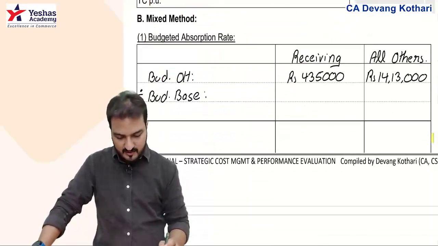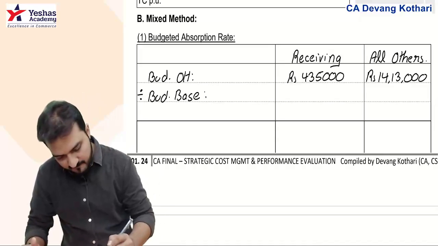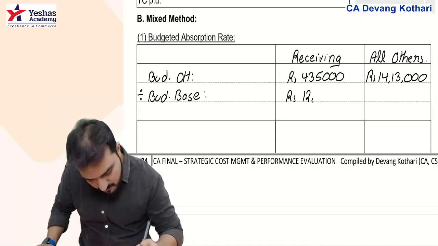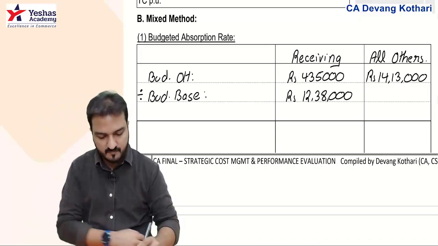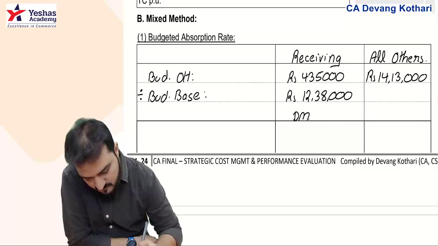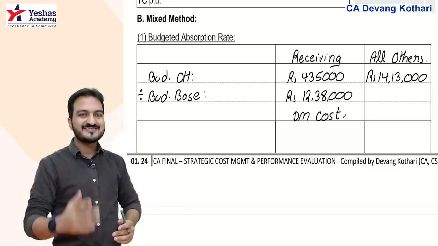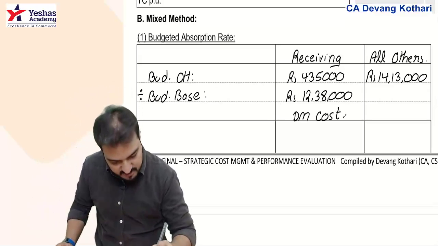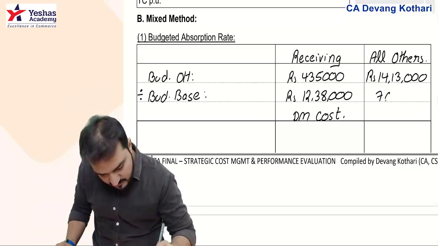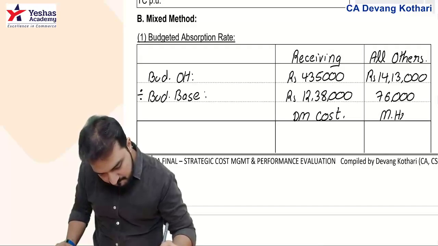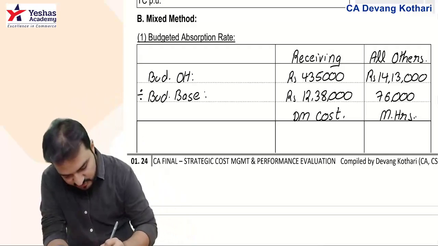Total 12,38,000. And all other overheads they say you take based on machine hours. Machine hours was 76,000. Divide that gives you your absorption rate.